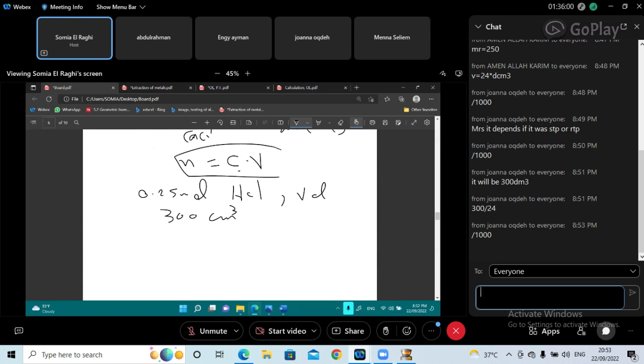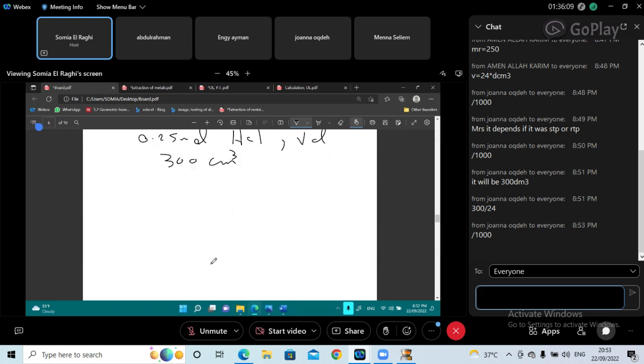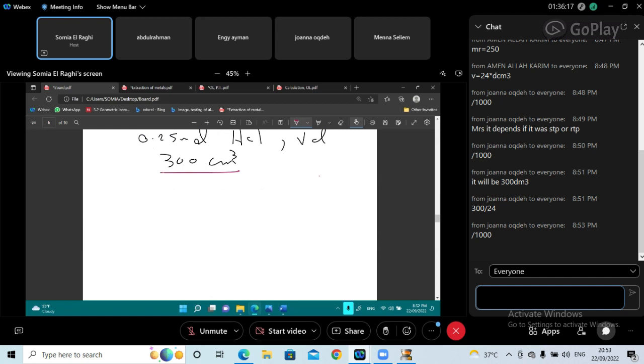You will use the same rule. The concentration equals n over volume. Before we substitute in the rule, I will first convert the unit. I just divide this by 1000 to get 0.3 decimeter cube.